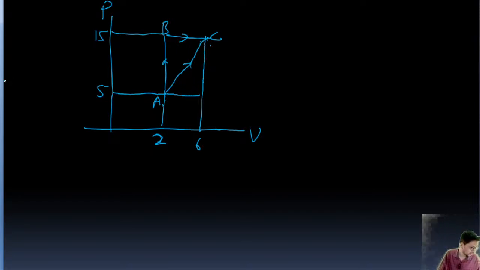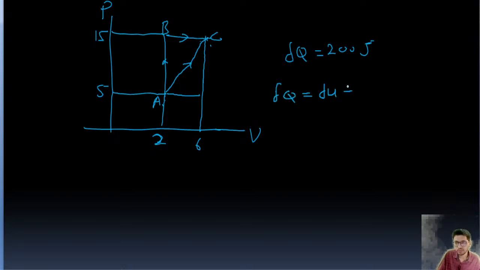So I'm going to solve it. Now we know delta Q is given, that is 200 joule, right? And by the first law of thermodynamics we have a formula, that is del Q equal to dU plus PdV, or del W. So by that we will find the value.